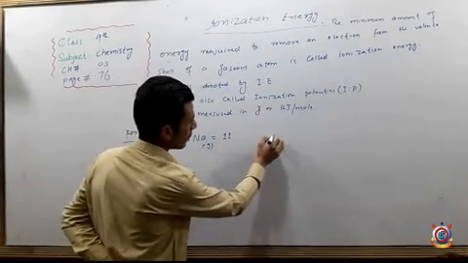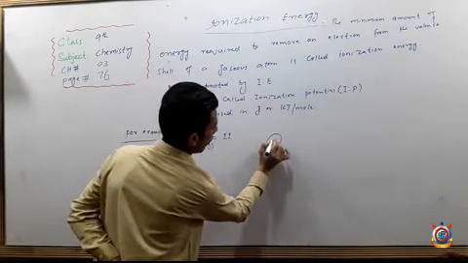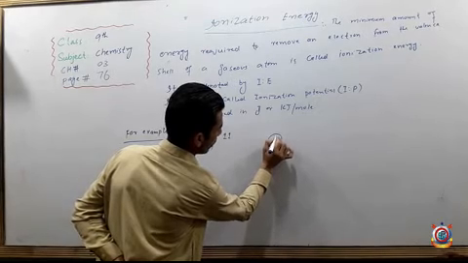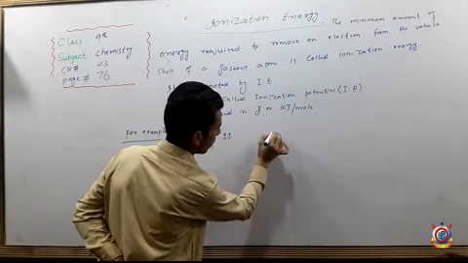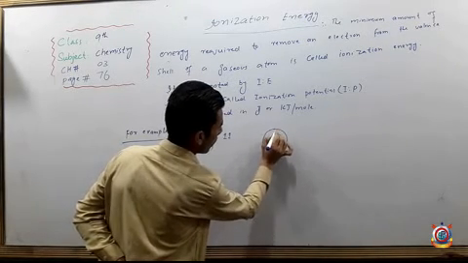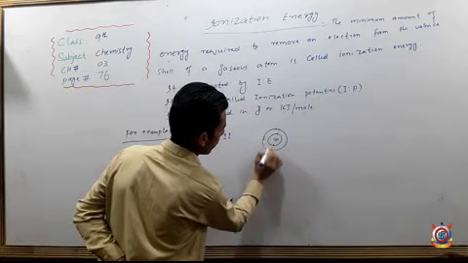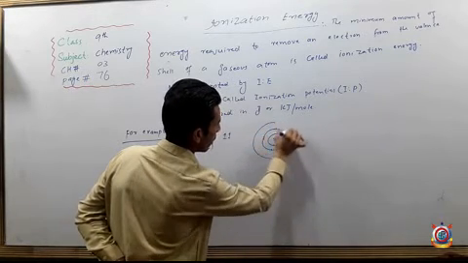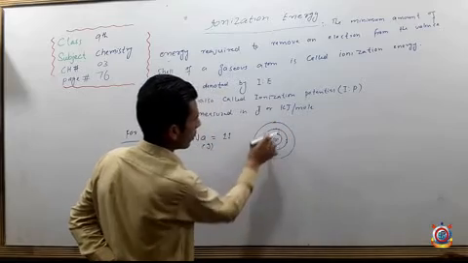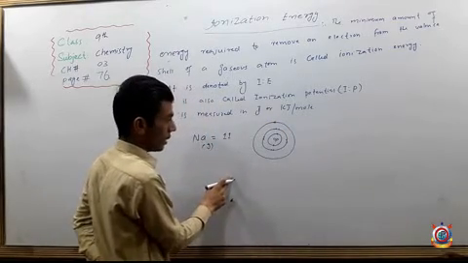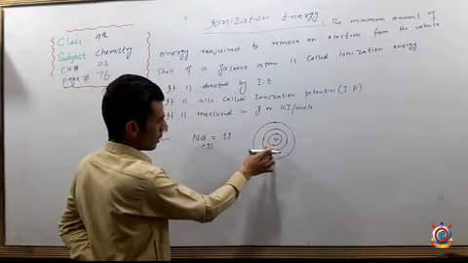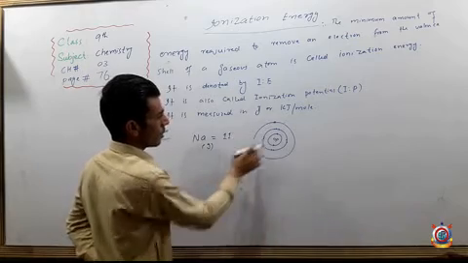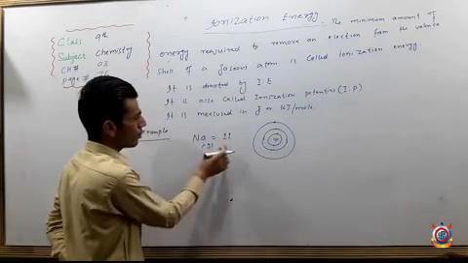If you talk about its structure, it has 11 protons and 11 electrons, 2 in the first shell, 8 in the second shell, and a last single electron in the last shell. 2 plus 8, 10 plus 1, 11. So the atomic number of sodium is 11.